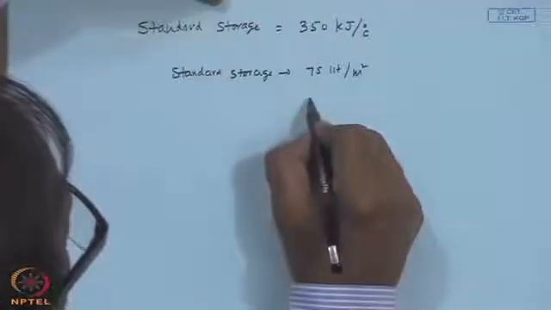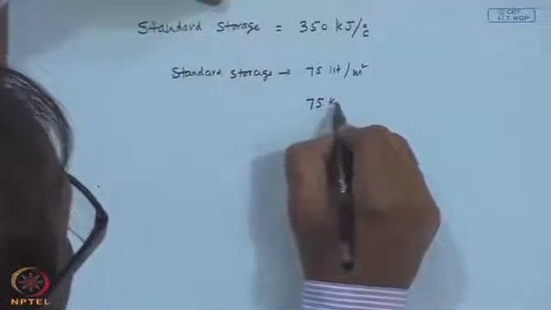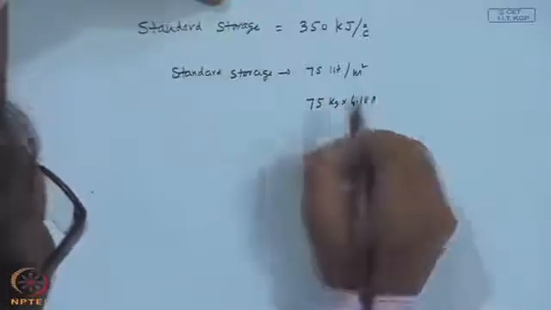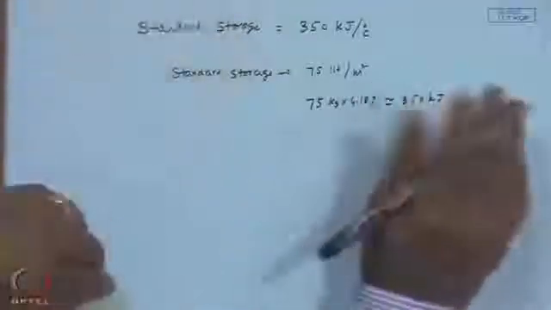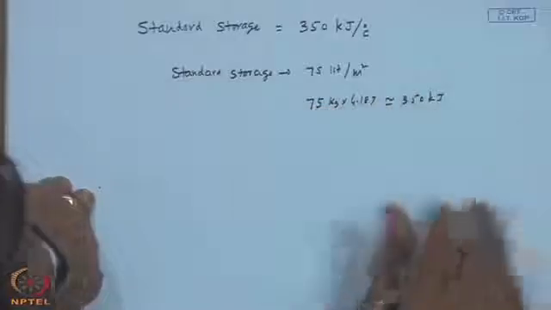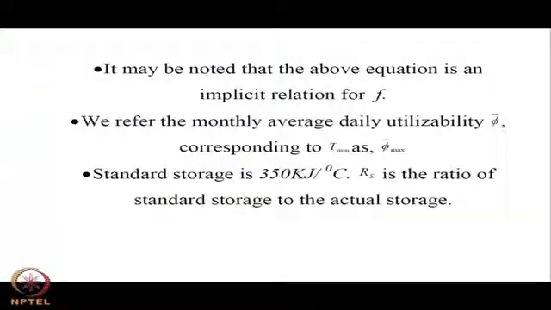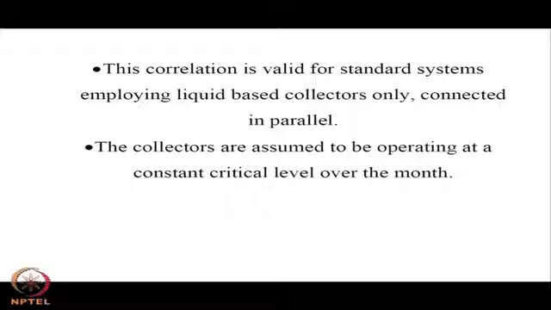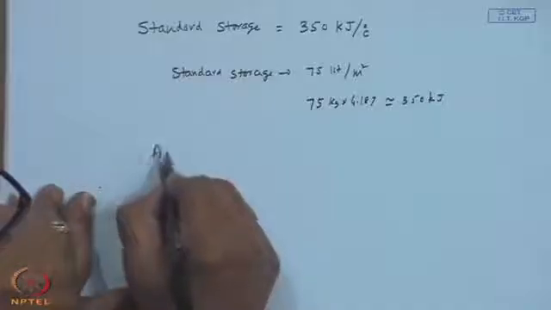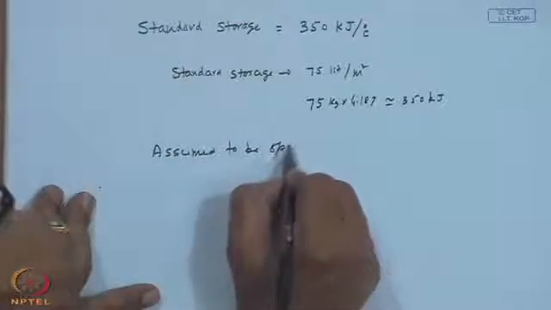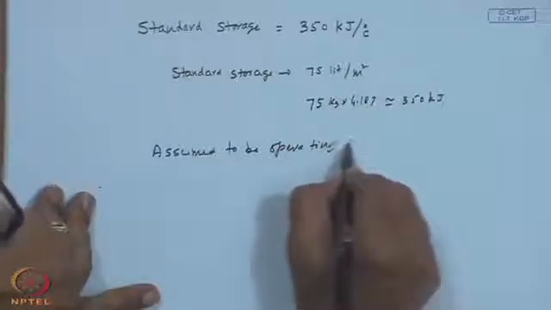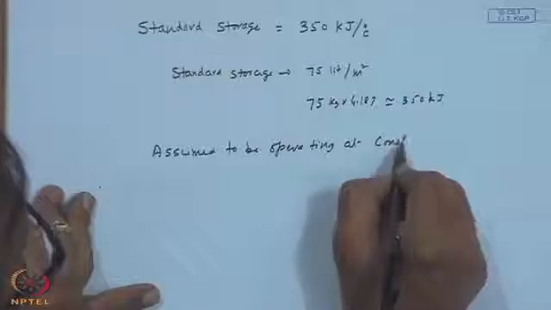This, if you multiply by 75, is approximately 75 kg, multiplied by 4.187, the specific heat, is approximately equal to 350 kilojoules. So, the storage sizes are comparable, and this is for standard systems employing liquid based collectors connected in parallel. The collectors are assumed to be, this is important, operating at constant critical level.